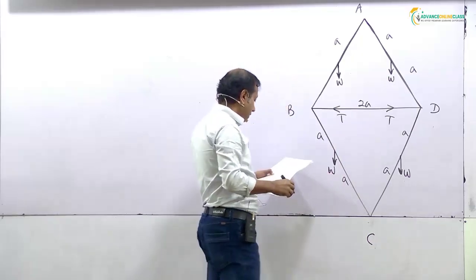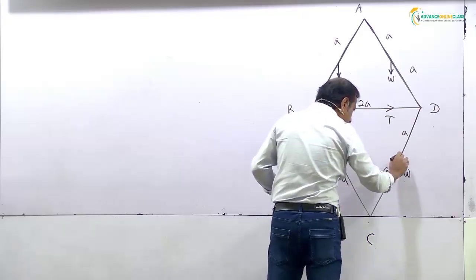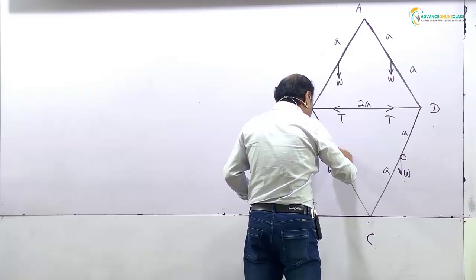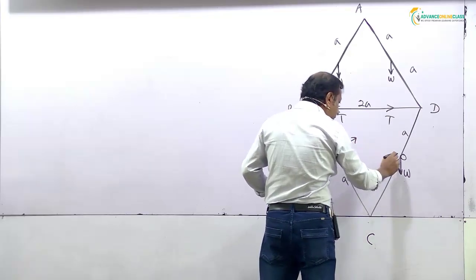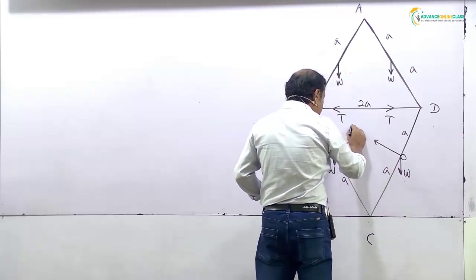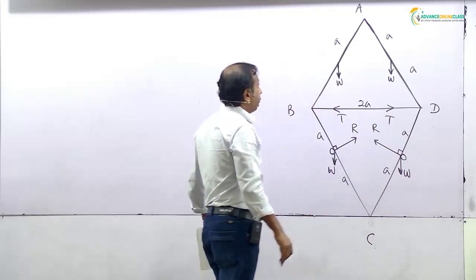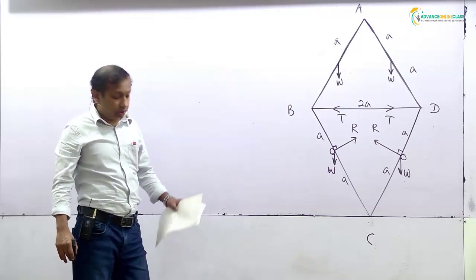The system is symmetric, and here the peg has been placed. By the pegs, now reactions come in. They are equal because the system is symmetric. Due to symmetry, reactions at A and C are horizontal, no vertical components.